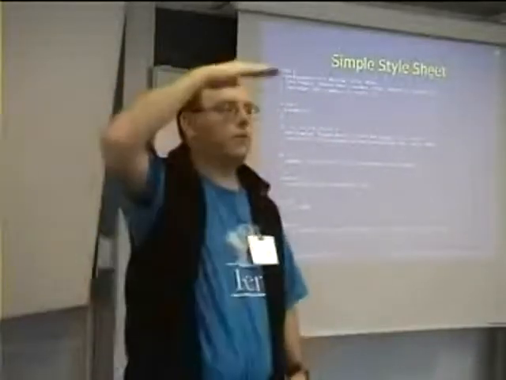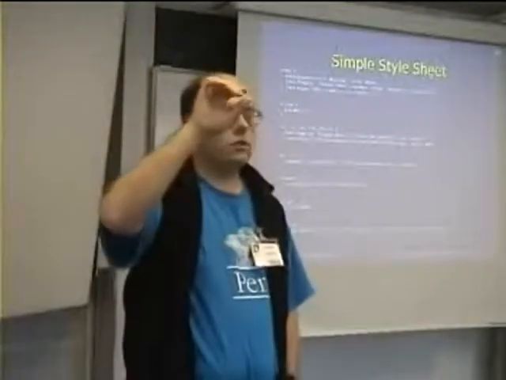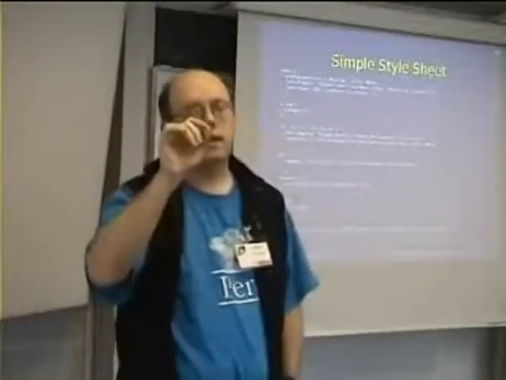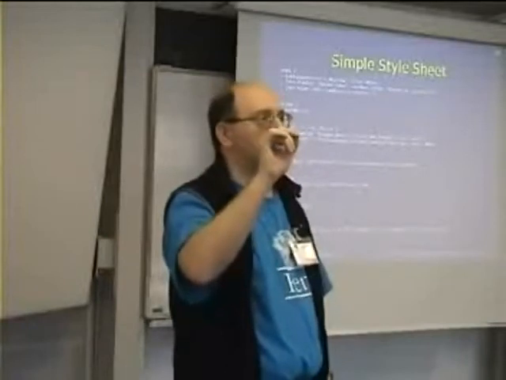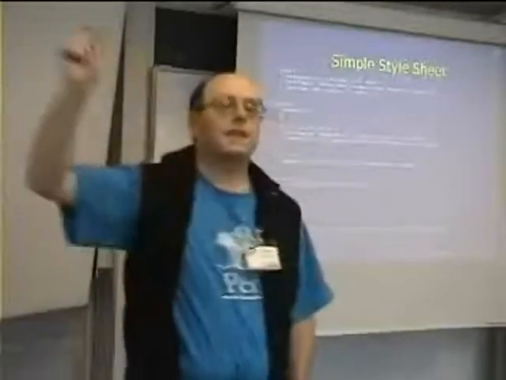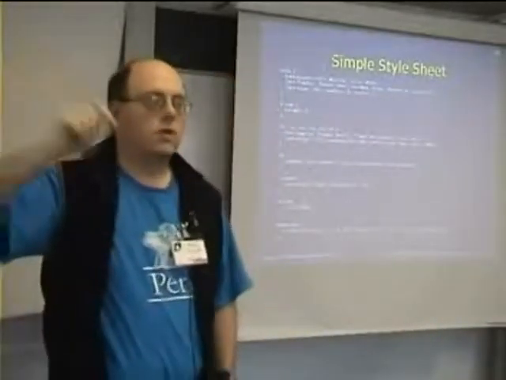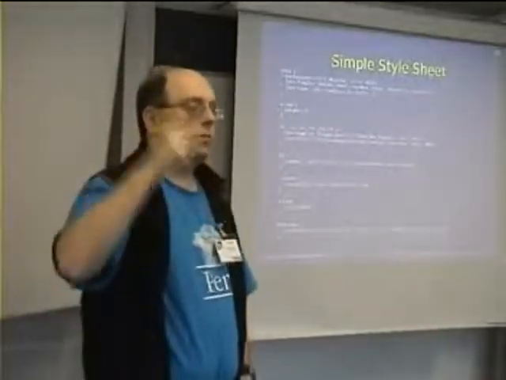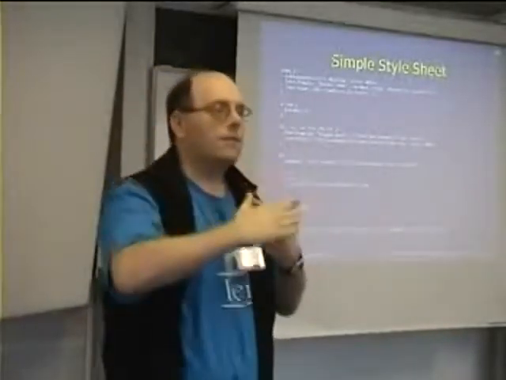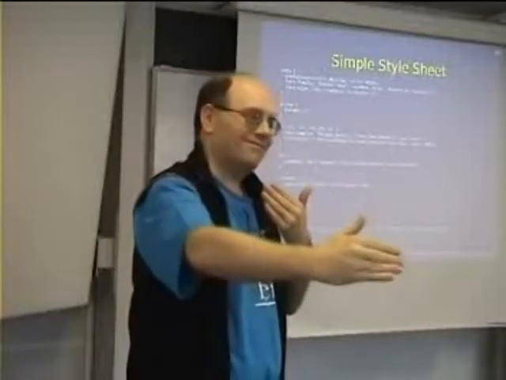You cascade from the body looks like this, everything inherits. I want to make my emphasis italicized, and I want to use Comic Sans font. So the style sheet should be, this is the default, everything else is the exception.